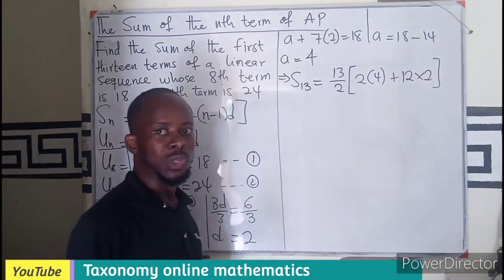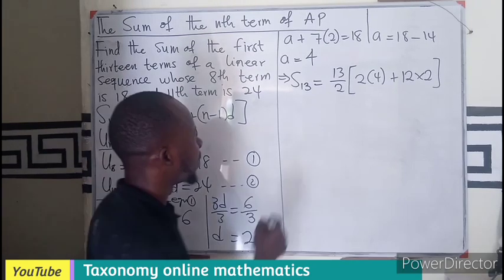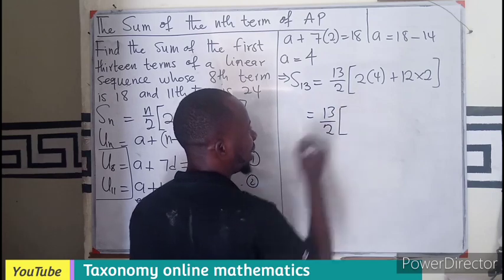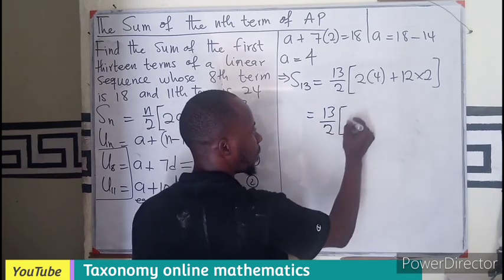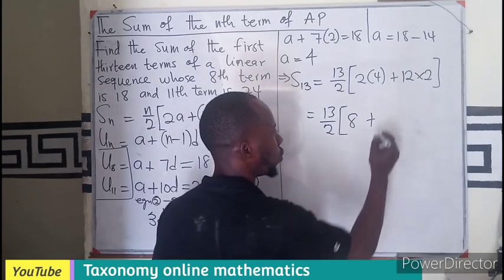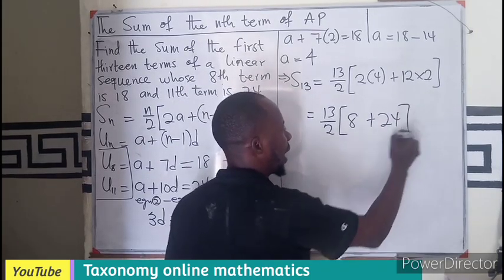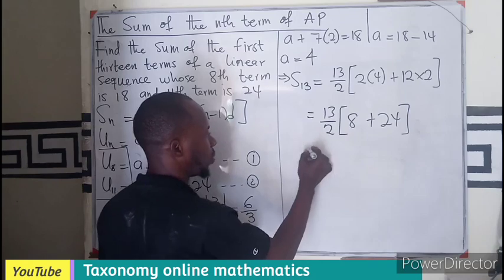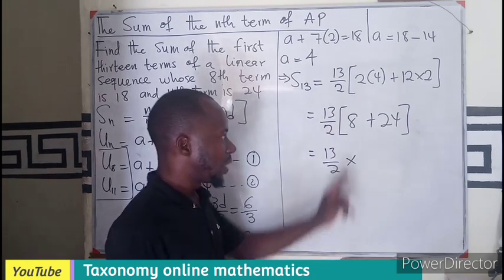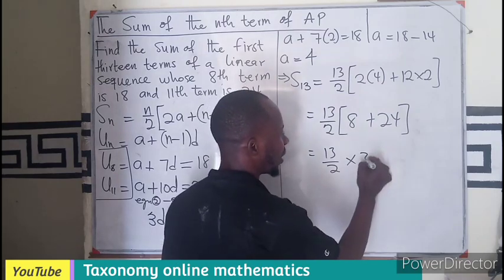So we can substitute and get that expression. Let's maintain the 13 over 2 and see what we can get in here. 8 plus 12 times 2, 24, I guess. So this is going to be 13 over 2 times, addition of this will be 32.